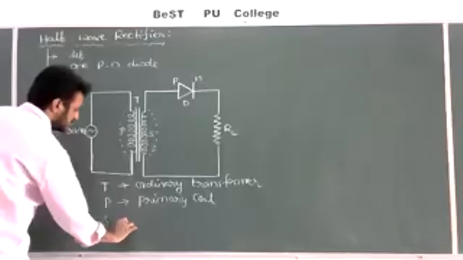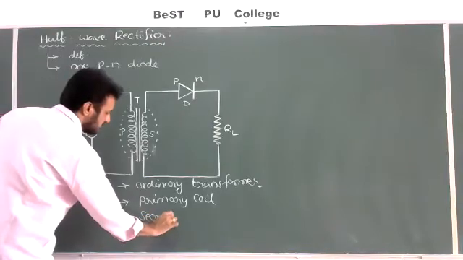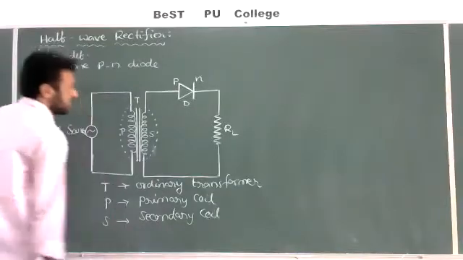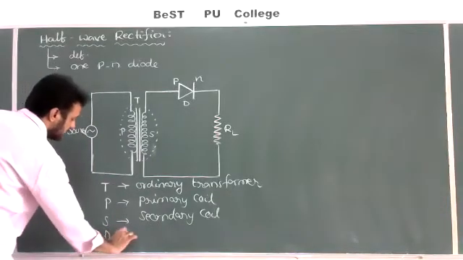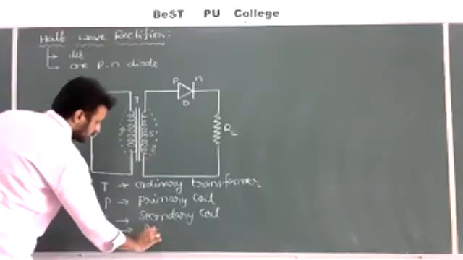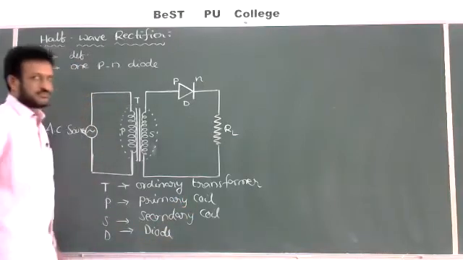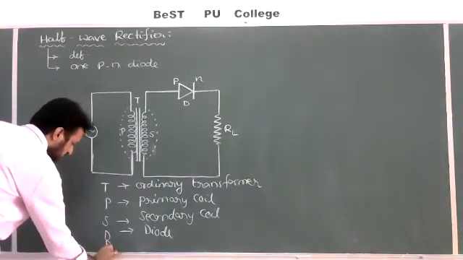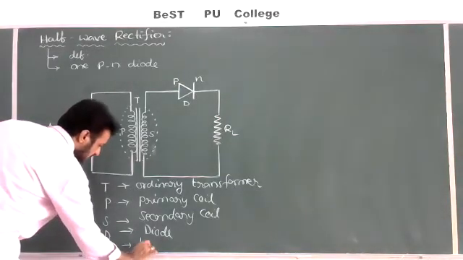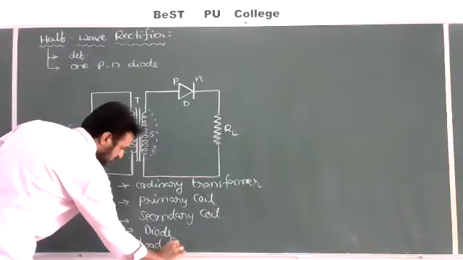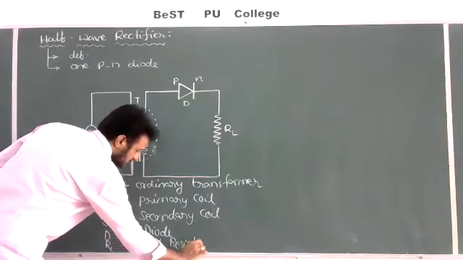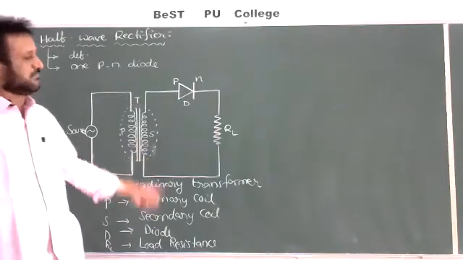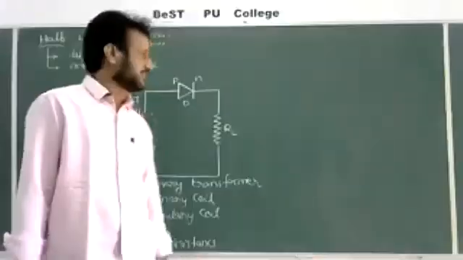And S represents a secondary coil. And D stands for diode, a PN diode. RL, load resistance. So these are the main apparatus in the given circuit.